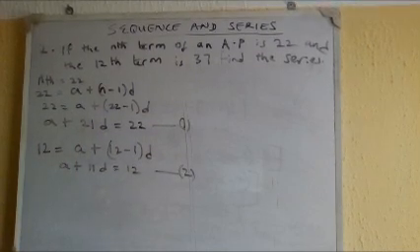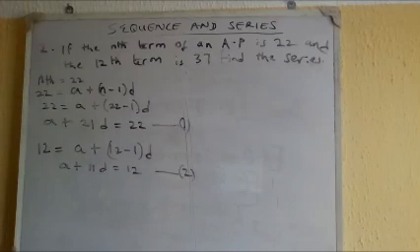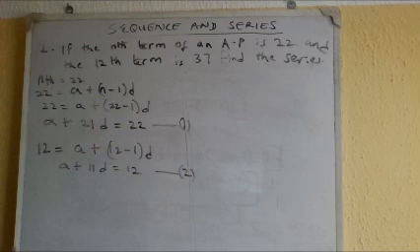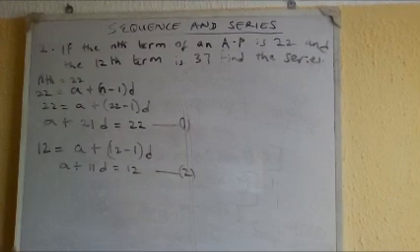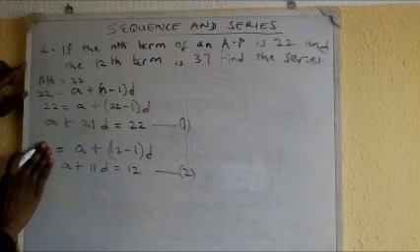So if the nth term of an AP is 22, and the 12th term is 37. The 12th term is 37.